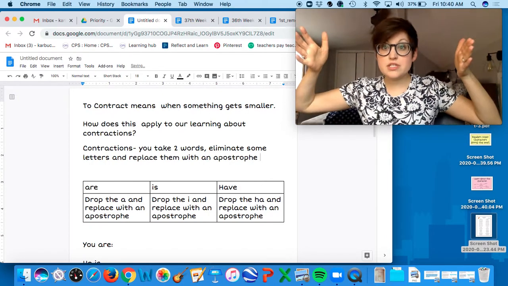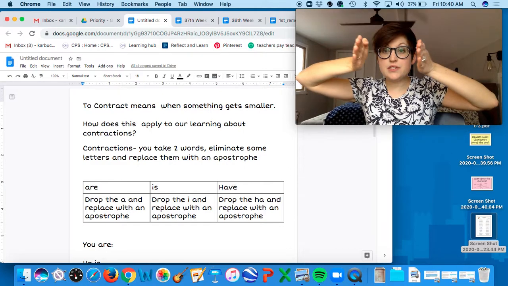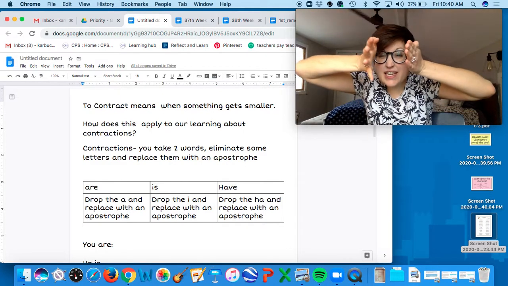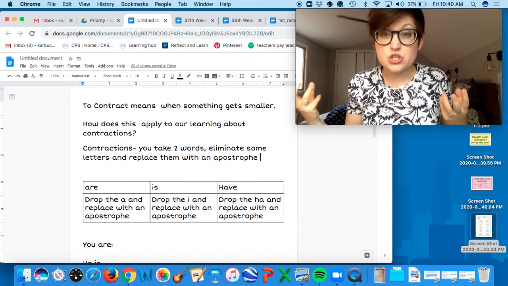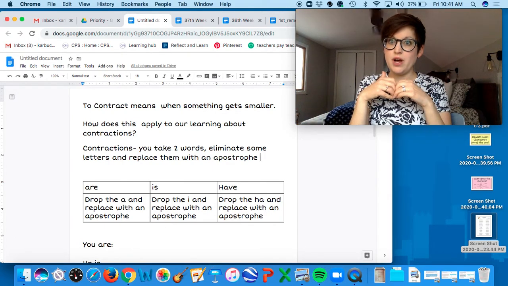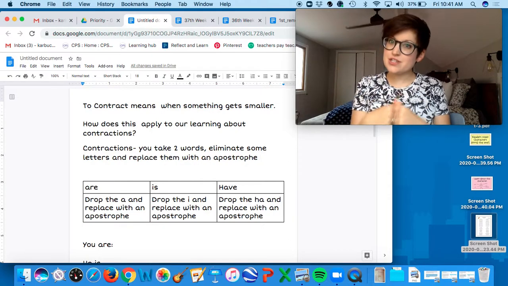And so you're literally taking two words and making it smaller, contracting it together so that it's smaller, quicker, and easier to use. That's a really cool way to connect that idea of contract to contractions.